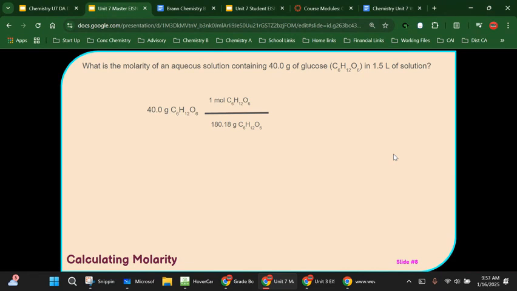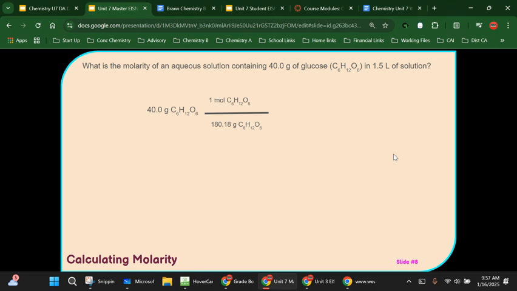Formula mass. So again, here's the formula for glucose. C6H12O6. So, C6H12O6, 6 times 12.011 plus 12 times 1.01 plus 6 times 15.999. Formula mass, correct? Questions on that?